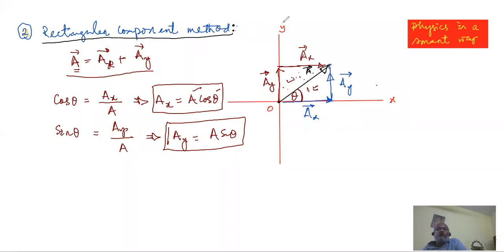If you got 3 or 4 vectors and you are assigned a job of resolving the vectors into their components and finding individual x and y components, like 3 or 4 vectors A, B, C, D are given, you have to find AX, BX, CX, DX, AY, BY, CY, DY. That can be a cumbersome job. That is a simple trick which you can employ and you can test it also.